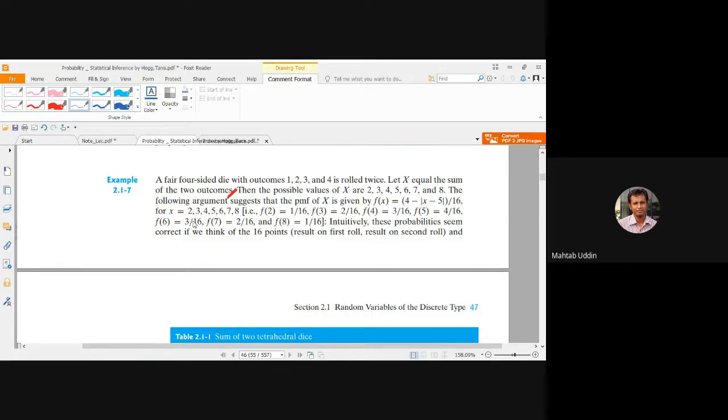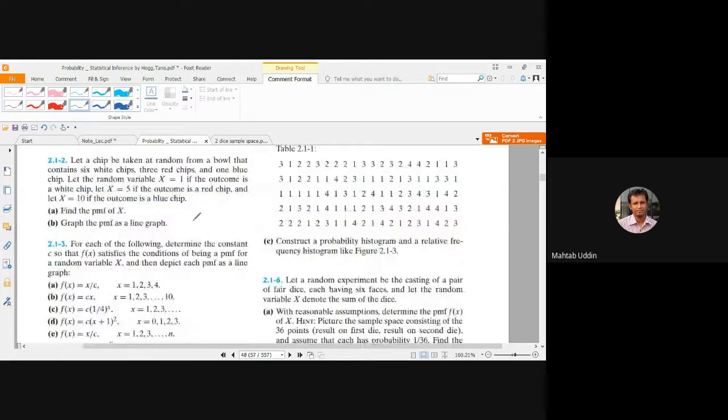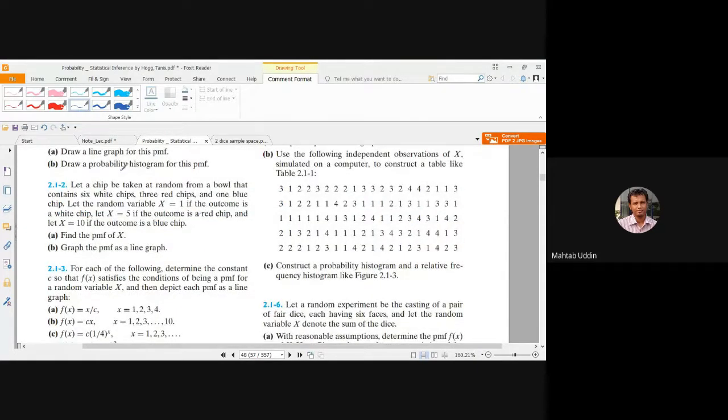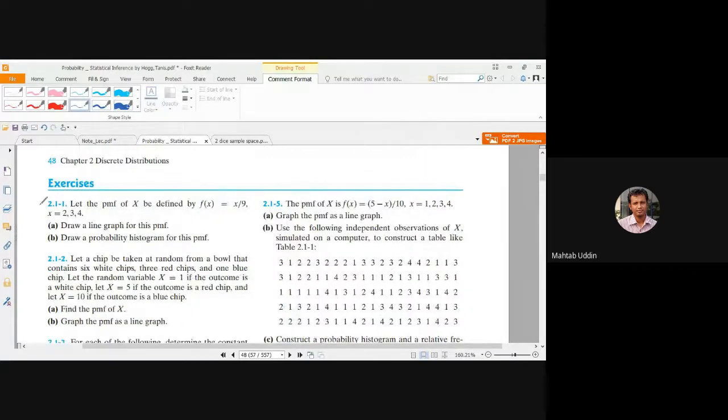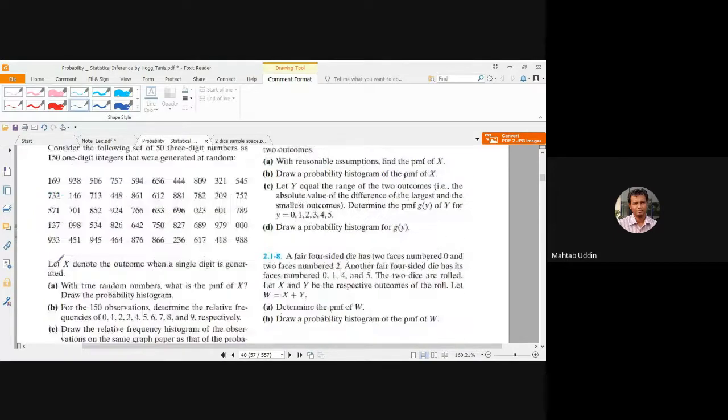Then exercise. What will we practice from the exercise? We will practice from exercise number 1, 3. We will not get enough time to do it today. I will do this math in the next class. 3, 5.